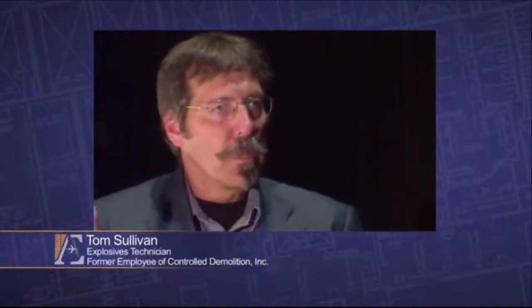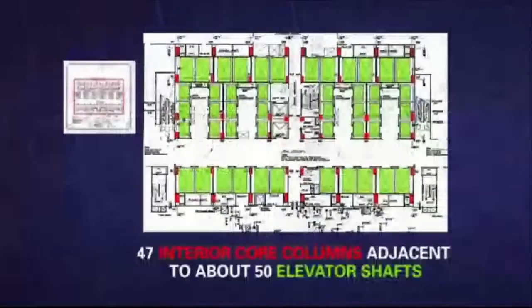The rest could be accomplished at that point by just the right kind of explosives for the job at hand. The only way that I can see that the towers could have collapsed is that the interior columns were compromised.